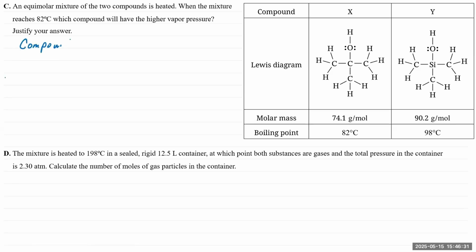So we would say compound X will have a higher vapor pressure at 82 degrees Celsius.